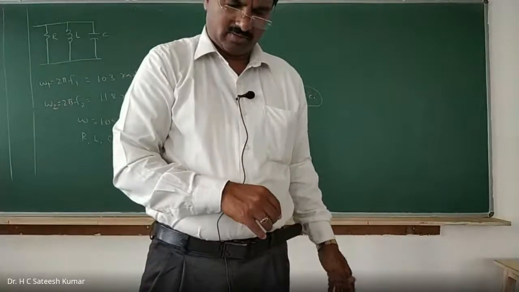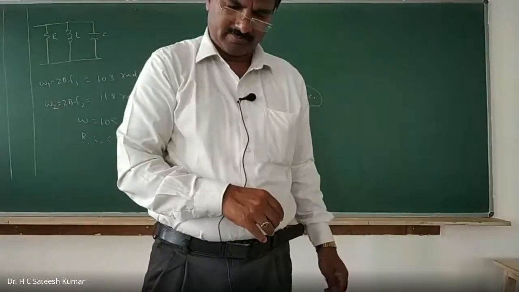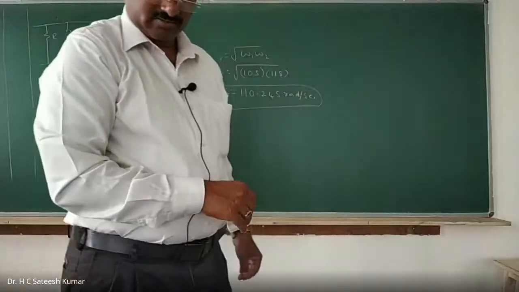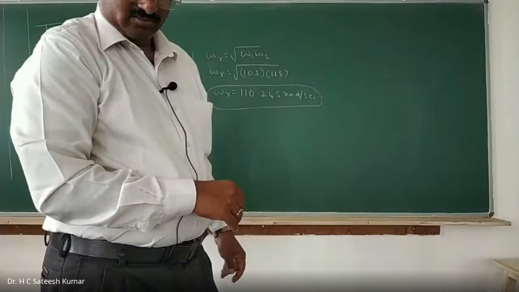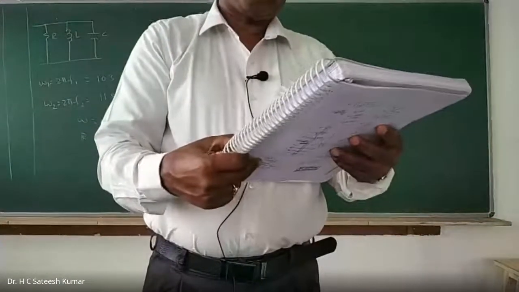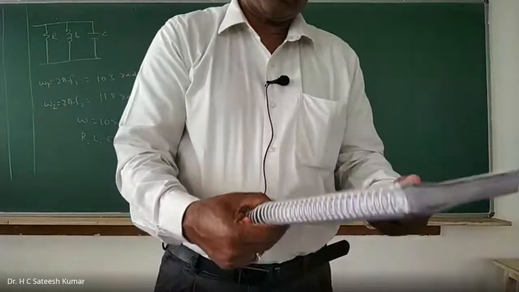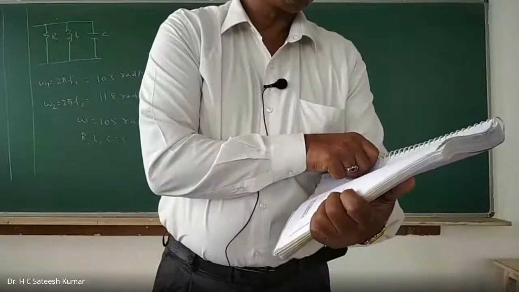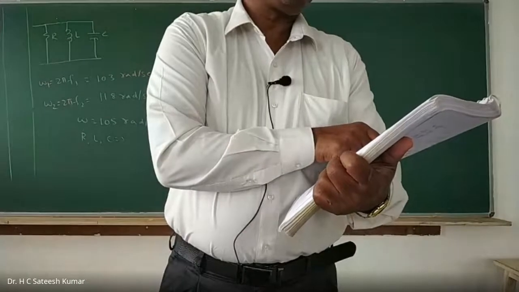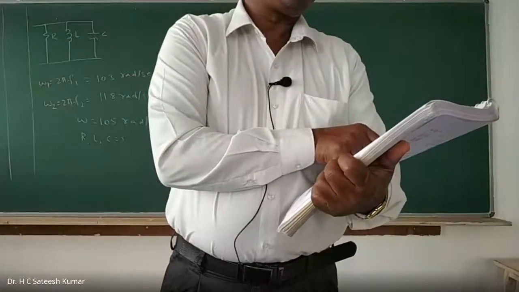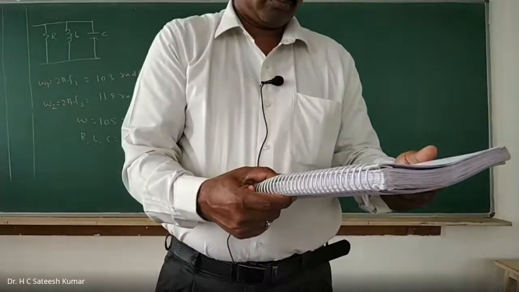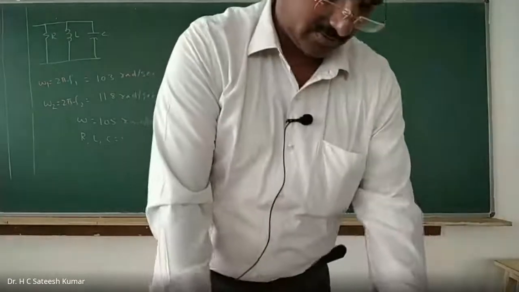So what about this one? Admittance and all we can calculate at 105 radians per second. RLC we should find out.